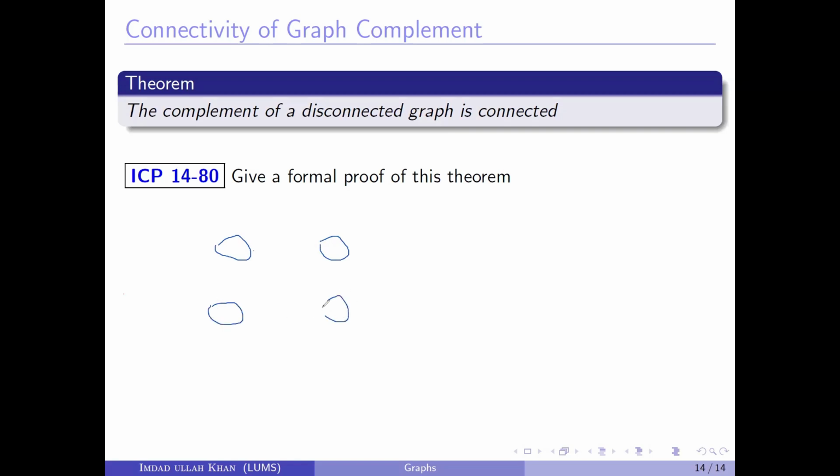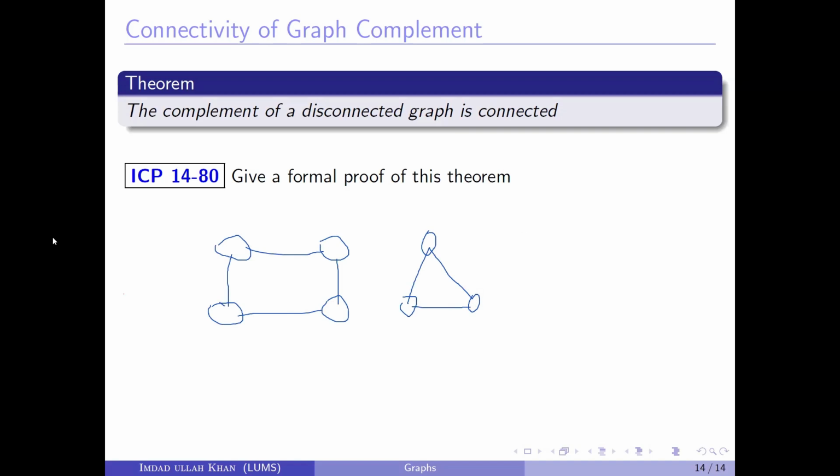When we say disconnected graph, that means we are talking about a graph which has more than one component. So let's say we have this graph, somewhat similar to the one we used in ICPs. Think of its complement. Claim: this is a disconnected graph. What will happen with this complement?